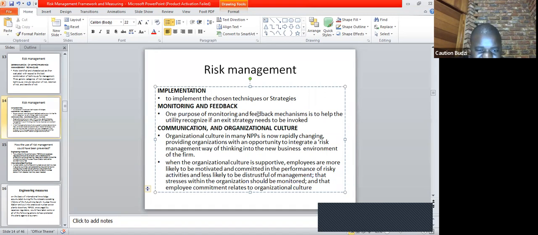So basically, we can say that in this organization there was no culture of risk awareness and risk support.